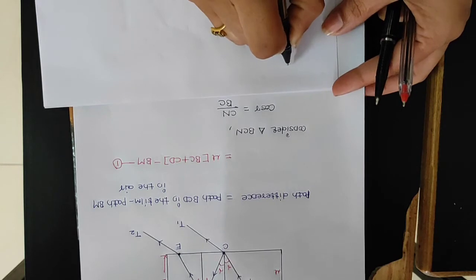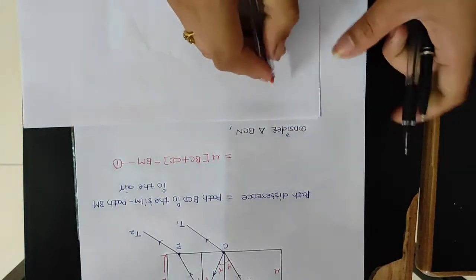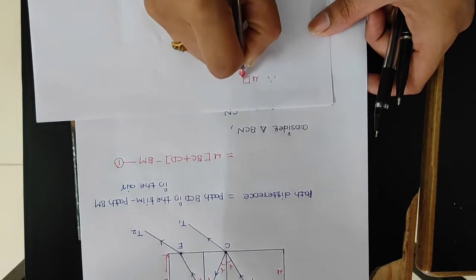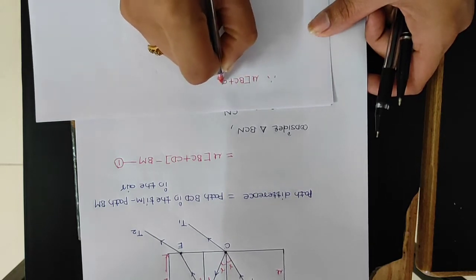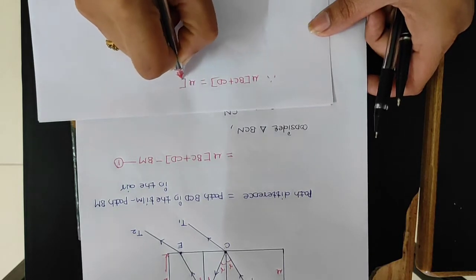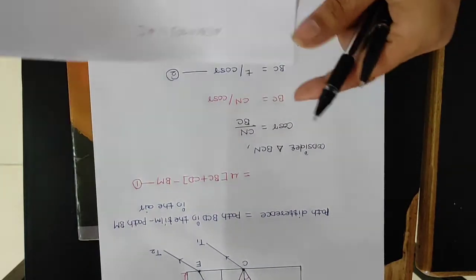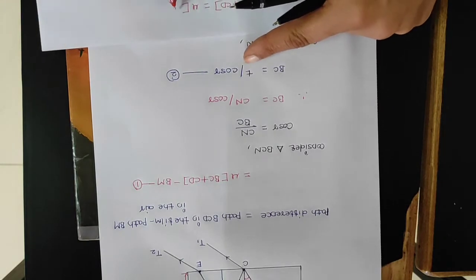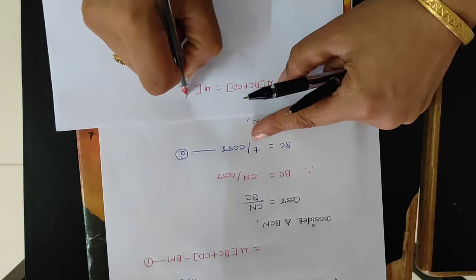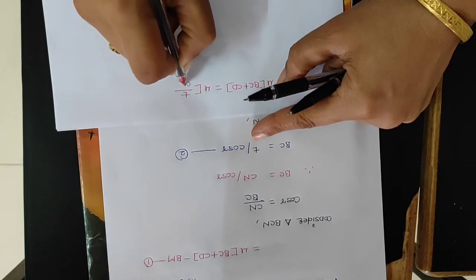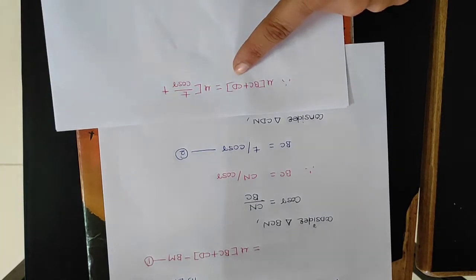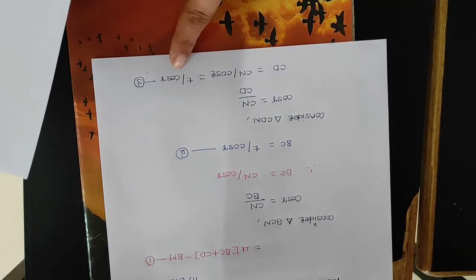Therefore we can write mu into BC plus CD is equal to mu into, we know that the value of BC is equal to t divided by cos r, plus the value of CD, t divided by cos r.